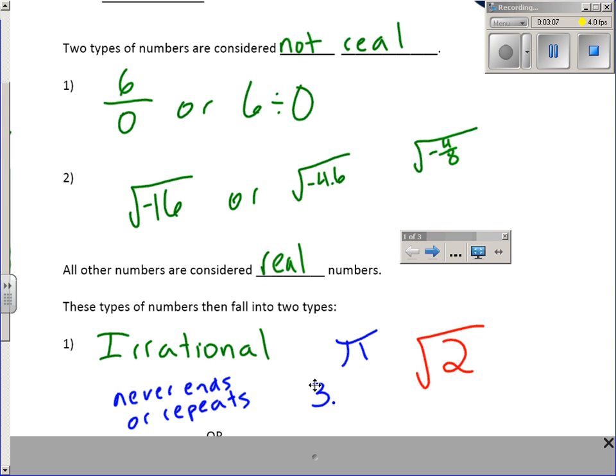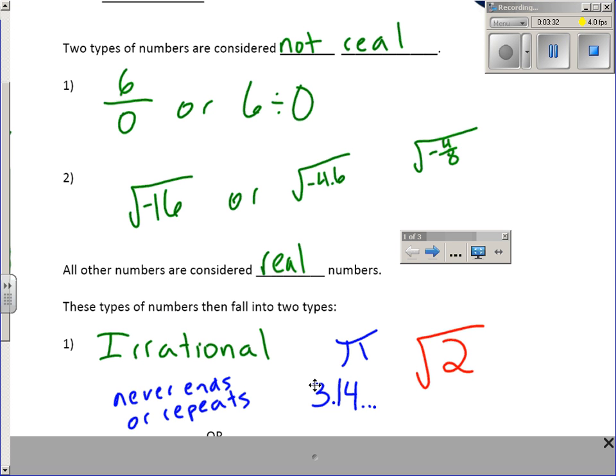So it would be 3.14, and then it would just keep going on forever, and there's no pattern. You would be writing forever. So the idea is that that's irrational. It does exist, but you can't write it as a decimal. It's an approximation always, which seems kind of weird, and that's why we call it irrational.